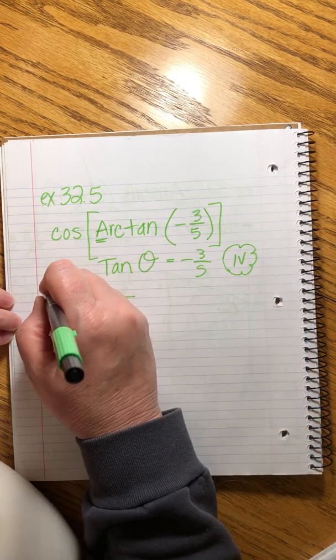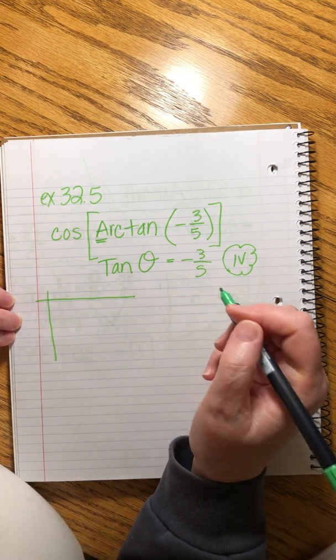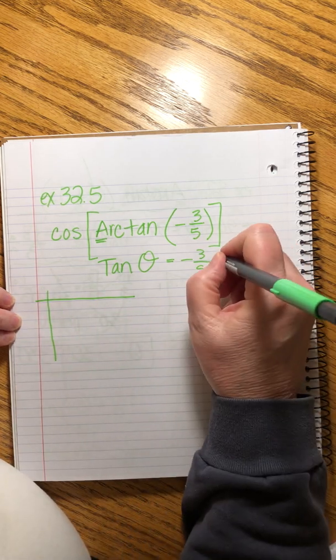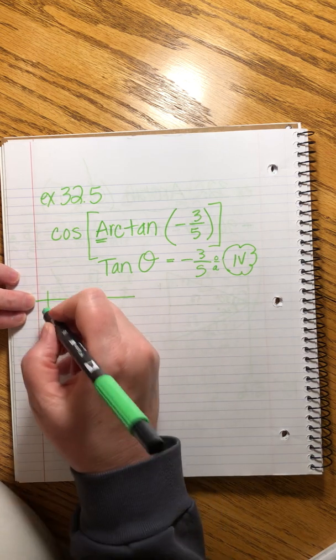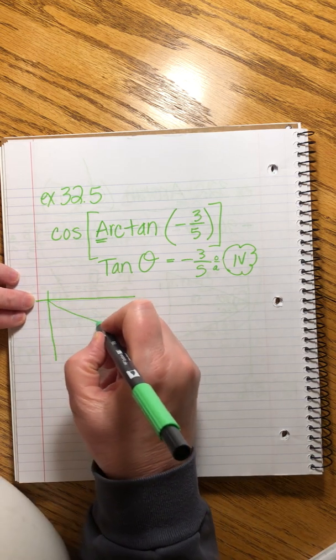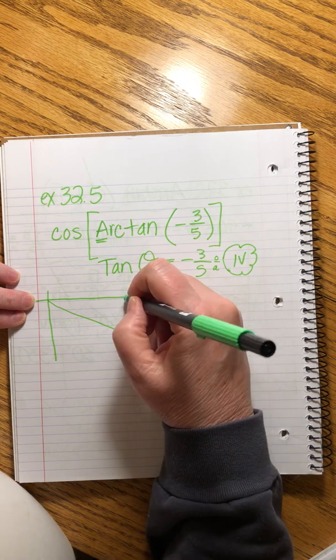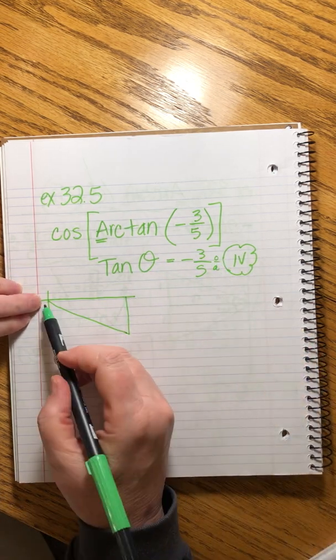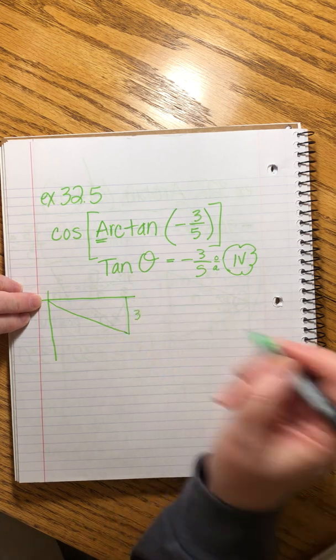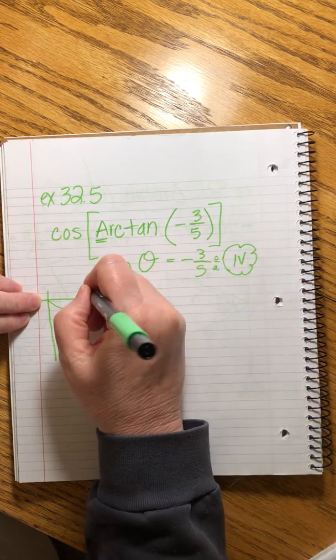I don't know what the heck that is. But what I'm going to do is, in good faith, I'm just going to draw it because I know this is over Arthur. So I know that I'm going to have a triangle. I know it's going to be 4th quarter. I'm just guessing on the size of it. The opposite side is going to be 3, and the adjacent side is going to be 5.